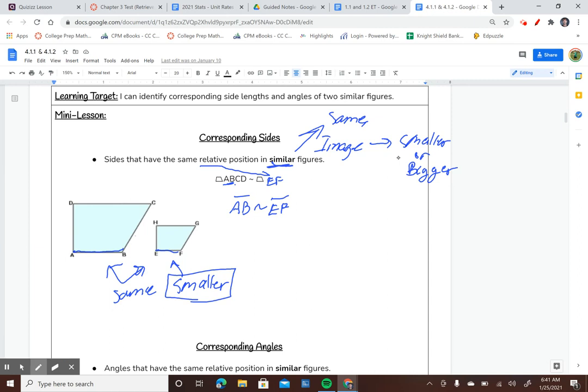And then we can take a look and say side BC is in the same relative position as FG. So we could say BC aligns with FG, or similar to FG. And then we can say CD aligns with GH. And then finally, DA would align with HE.